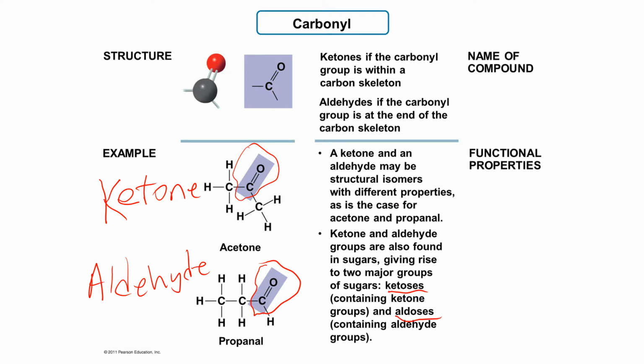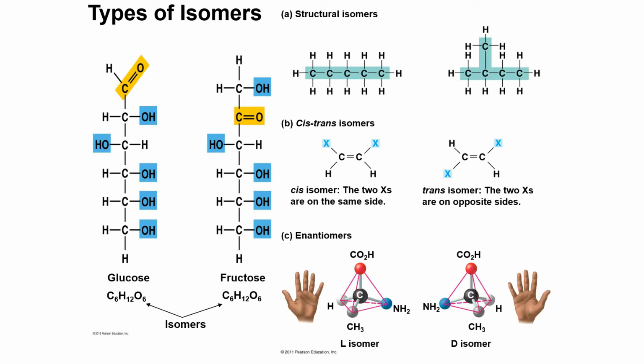Okay, so let's take a step back here. Look at, for instance, glucose and fructose. These two molecules are isomers of one another. They have the same chemical formula, but they differ based on where the location of that functional group is.